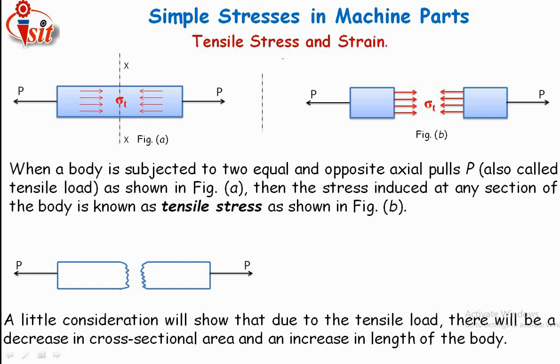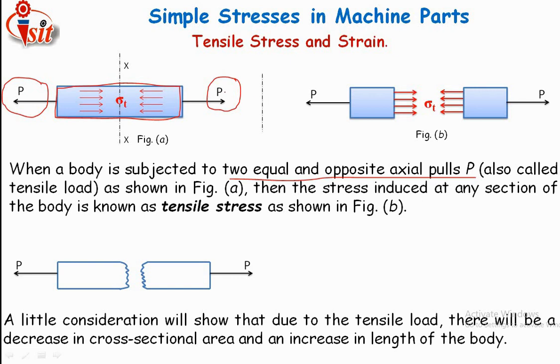Now let's move to the tensile stress and tensile strain. When a body is subjected to two equal and opposite axial pulls, this is one axial pull and this is another axial pull. Consider this as a member, simply a part to which we are applying two axial pulls.